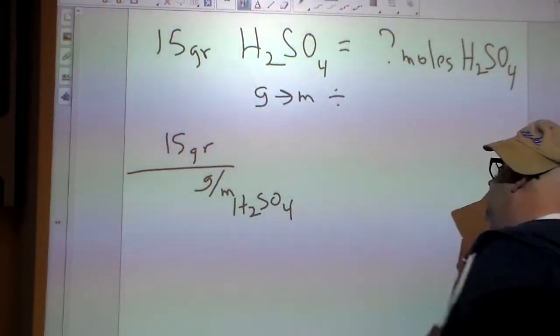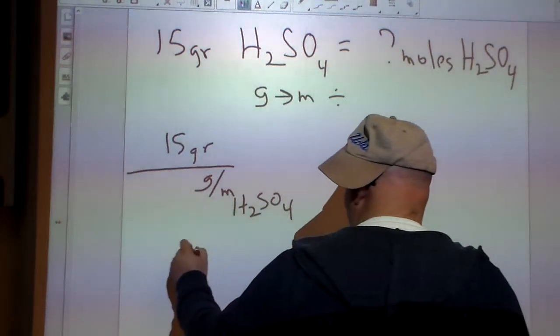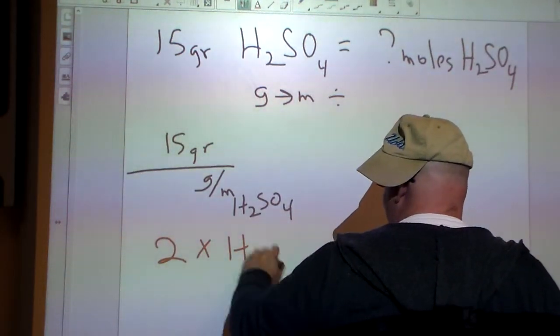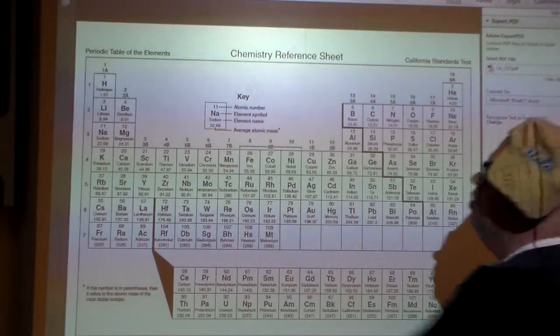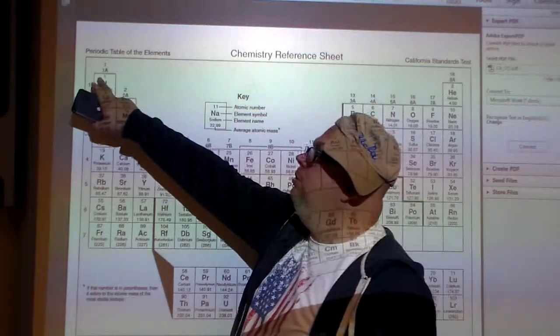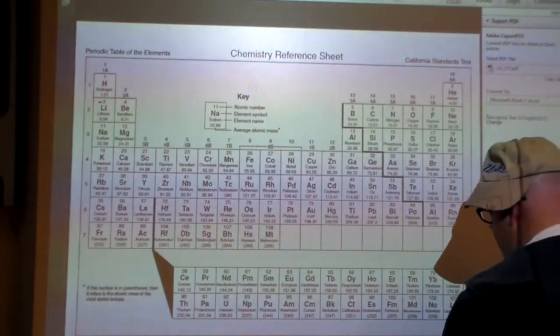I'm going to do this a little differently because now I'm going to multiply some things. I know I have 2 of these H's, and that's 1.01. Where did I get the 1.01? Right up here on the periodic chart. Not the whole number 1, the 1.01. That's important.